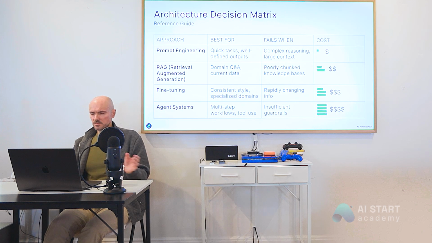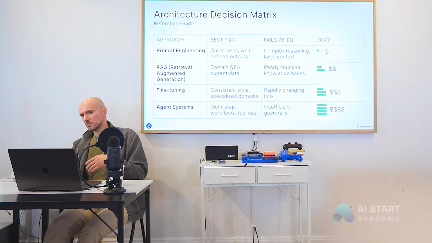So when you need the outputs to be consistent, specialized, and you have a lot of expectations of how consistent the outputs will be, that's when fine-tuning is a great tool, and it works great when prompt engineering is not enough.